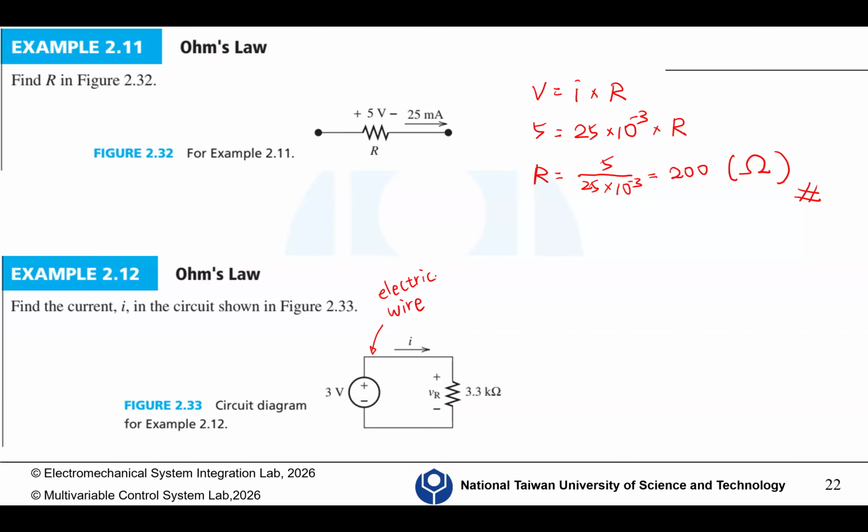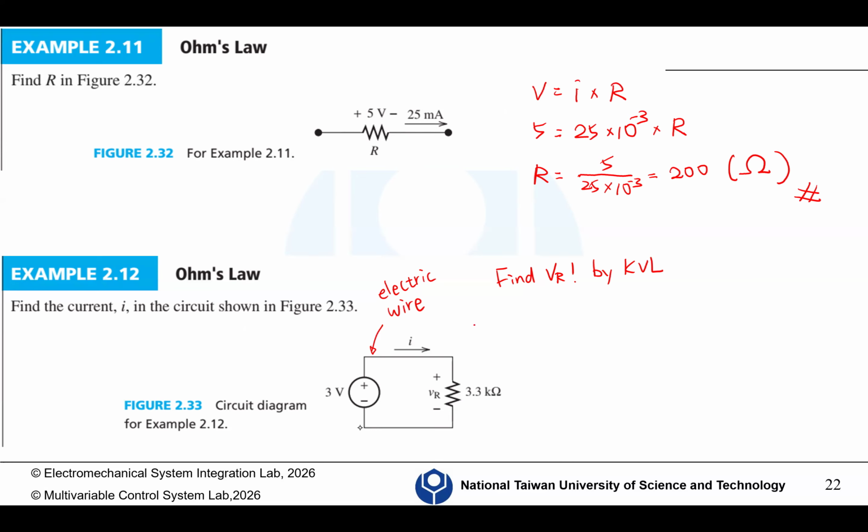First, we need to find VR. How? By KVL. KVL tells us the summation of the voltages inside a loop is 0. We talked about KVL last time.